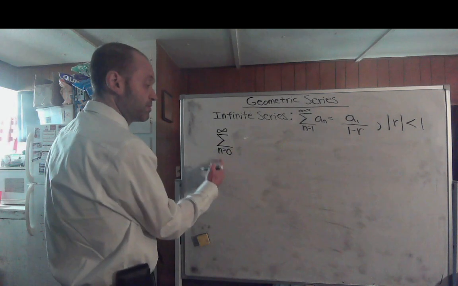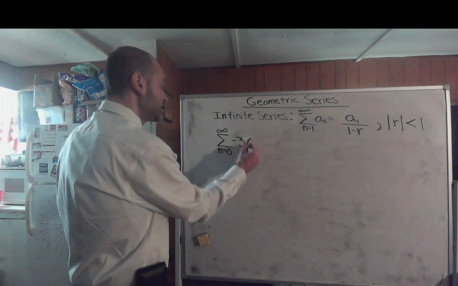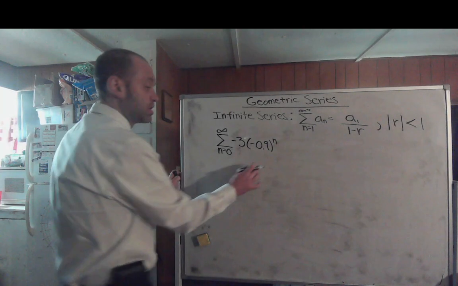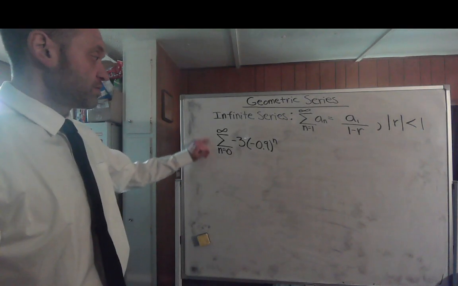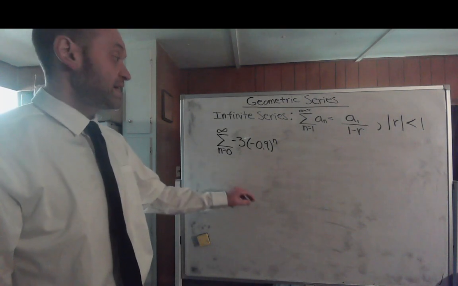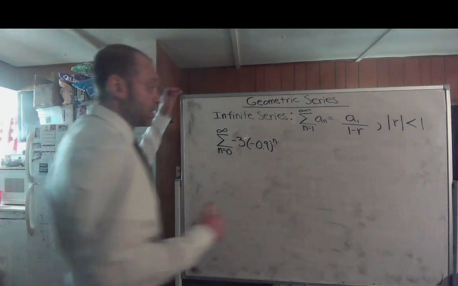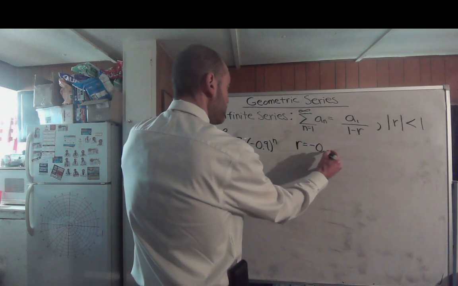Alright, 2 more. We have the sum from n equals 0 to infinity of -3 times -0.9 to the n power. So we have the infinite sum from n equals 0 to infinity of -3 times -0.9 to the n power. Well, our common ratio equals -0.9.